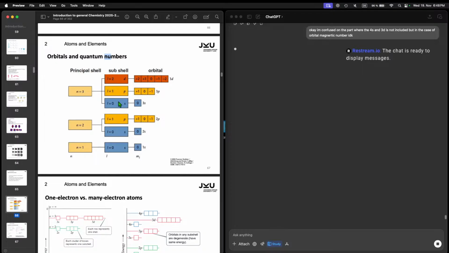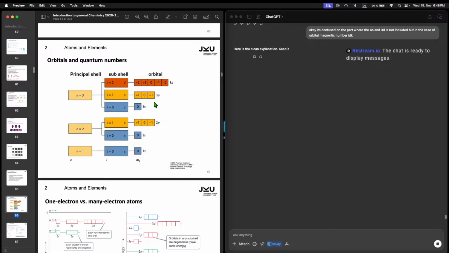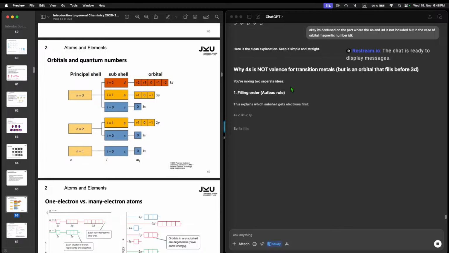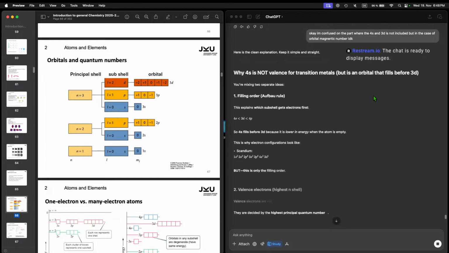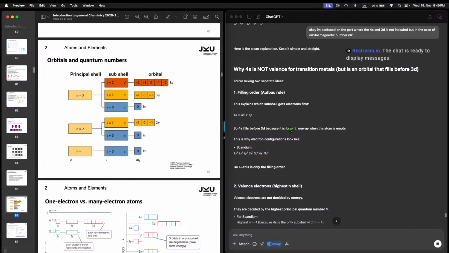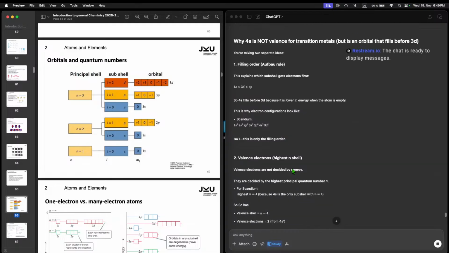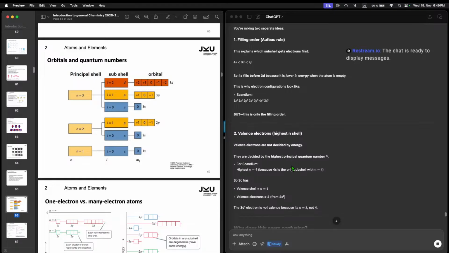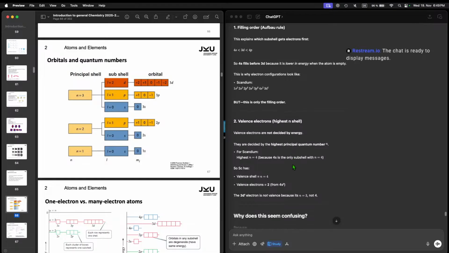Okay. That's based on the Aufbau principle. Now, why does this seem confusing?